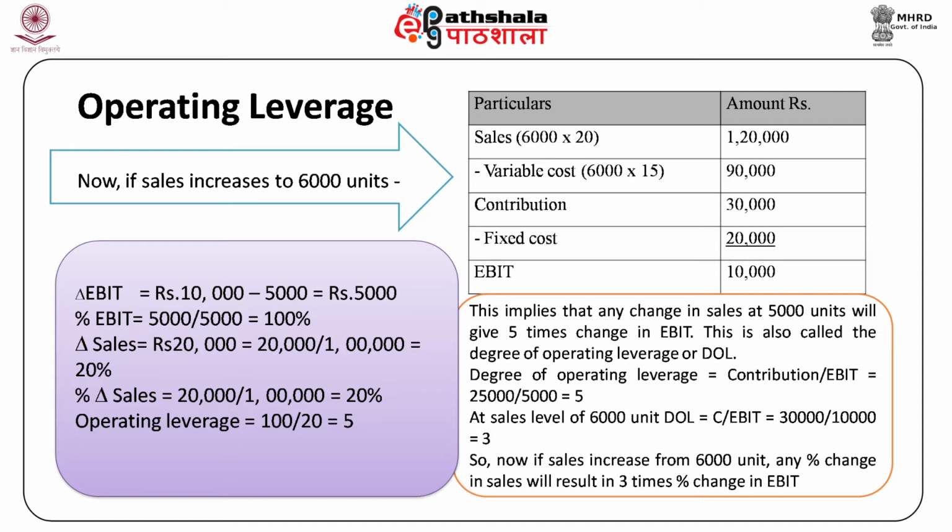So operating leverage in this case is 100 divided by 20 is equal to 5. This implies that any change in sales at 5,000 units will give 5 times change in EBIT. This is also called the degree of operating leverage or DOL.